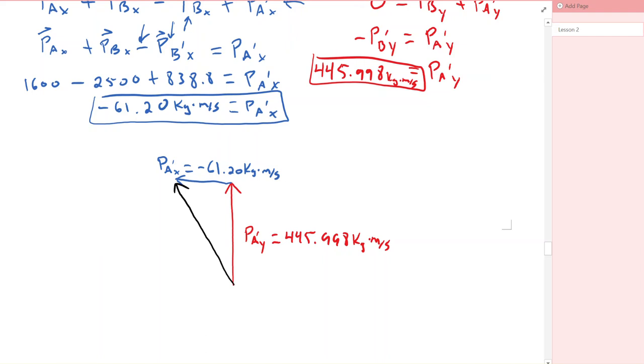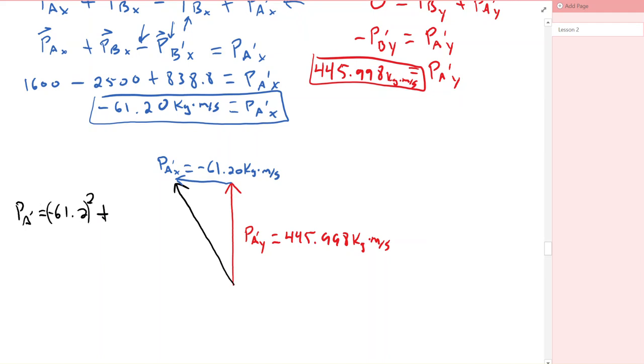So what we can do now is just Pythagorean theorem. So I'm in black, yeah. So we can say momentum of A after is equal to, and then Pythagorean theorem. So that's going to be 61.2 squared plus, and notice there's no negative there, right?